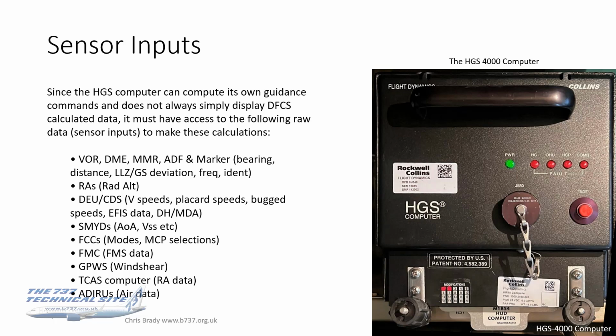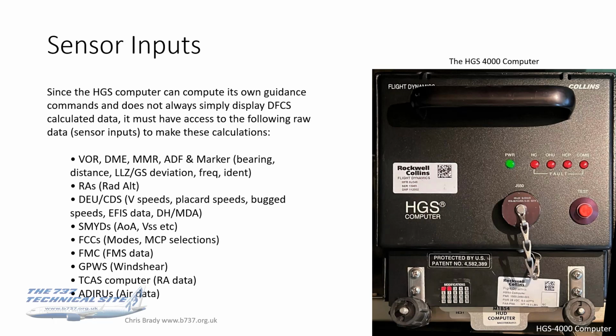So it's nav aids, it's radalts, and you get the idea for these. I mean, obviously it can display nav information up there, certainly display radalts, V-speed information, EFVS data, SMIDs for angle of attack, and VSS, the flight control computers for modes and MCP selections.